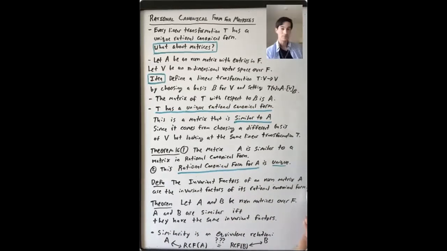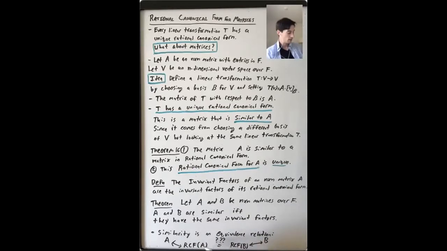A theorem that follows directly from this is that if A and B are n by n matrices over F, they are similar if and only if they have the same invariant factors. Why is that true? Similarity is an equivalence relation. A is similar to its rational canonical form, and B is similar to its rational canonical form.